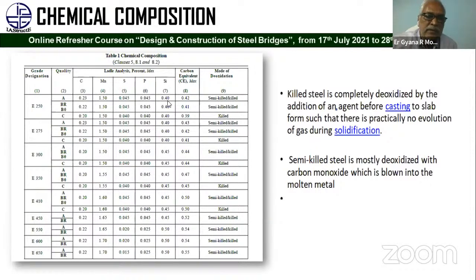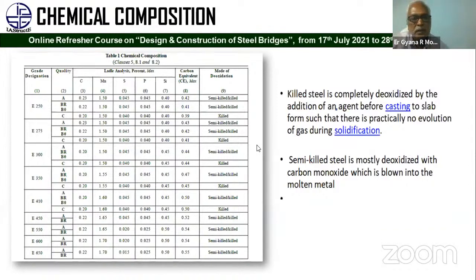This is the maximum percentage that should be there. So once we take E250, that means the maximum carbon that should be there in that particular steel is 0.23. And if you take BR, it is 0.22, BO 0.22. That way, all the components or all the alloying elements of the steel are mentioned in the chemical composition.